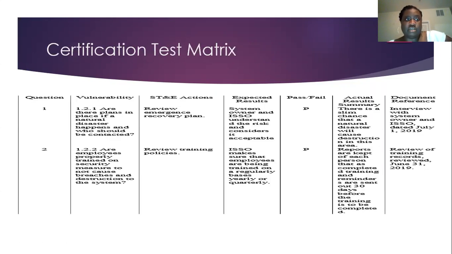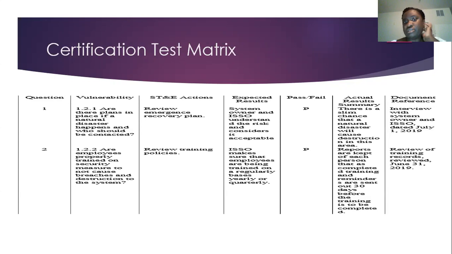Certification test matrix. I did 4 different vulnerabilities. The first one, there are plans in place if a natural disaster happens and who should be contacted. The actions, review emergency recovery plan.